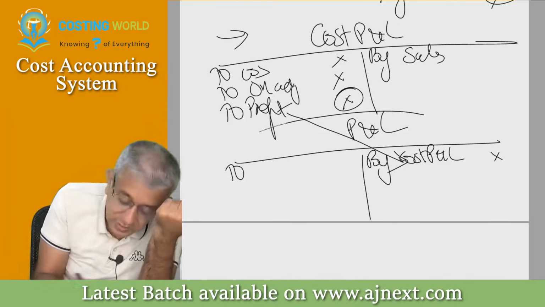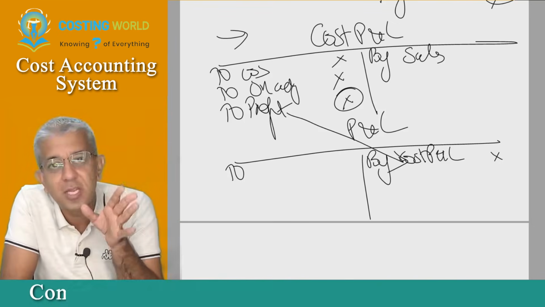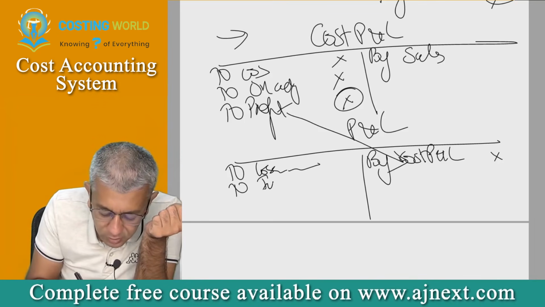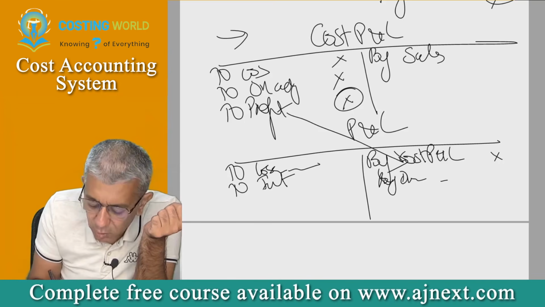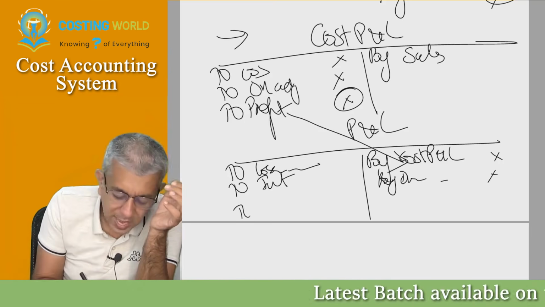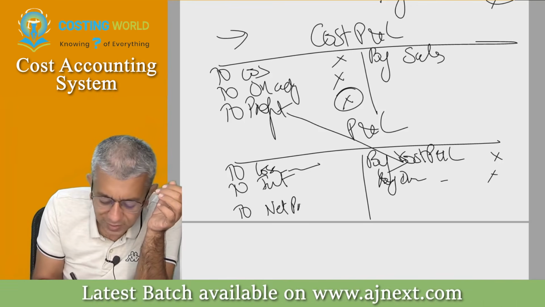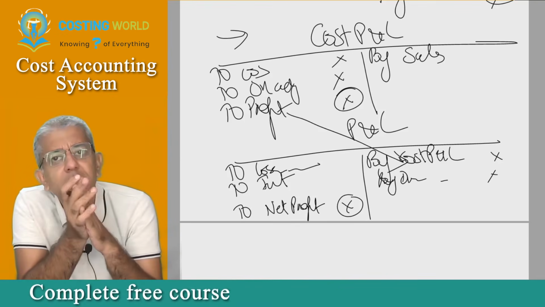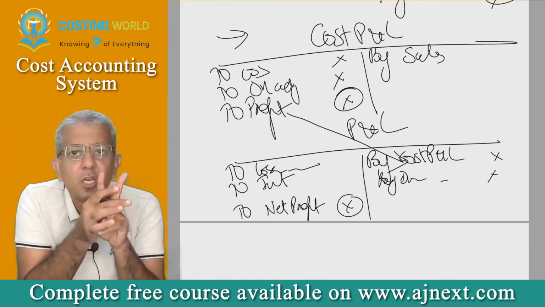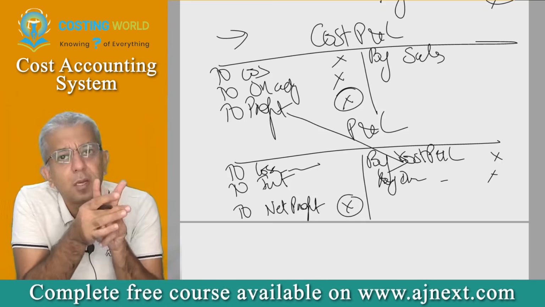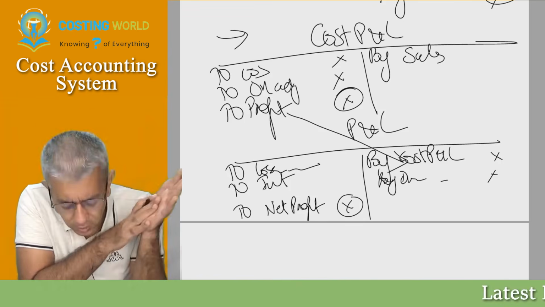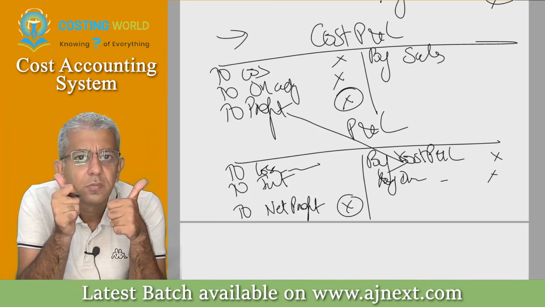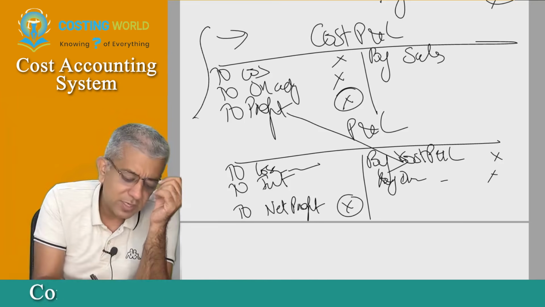So this is the account whereby all financial expenses and incomes will come: loss on sale of fixed assets, interest, dividend received, all those things will come over here. And this will be your final net profit. Can we say this net profit should be transferred from here to the balance sheet? Now you will have a balance sheet. Yes. So instead of one P&L account, you are going to have two P&L accounts: a costing P&L account, and finally a P&L account. Is that all fine? Yes, sir. That's it, and the sum will end with that.